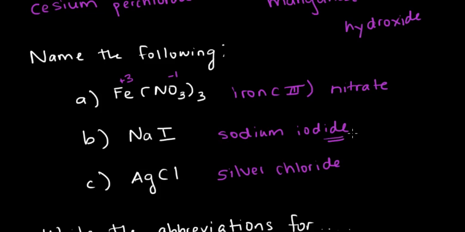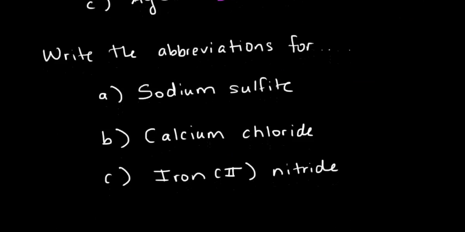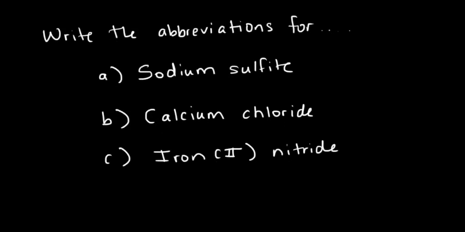No Roman numerals involved. Next bit, I've given you the names for these chemical compounds, and I want you to write the elemental abbreviations for them. So hit pause, answer them on a piece of paper, preferably, or in your head if you're a hotshot, and then I'll be here with the answers.